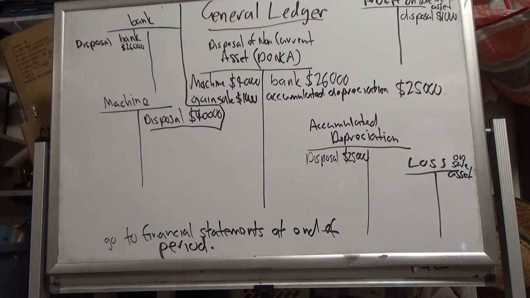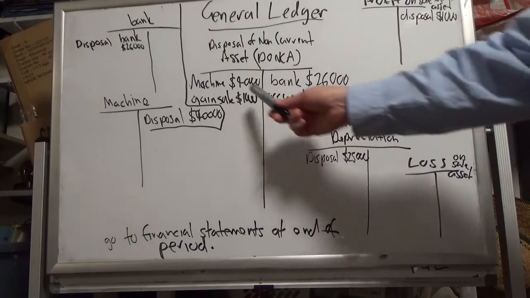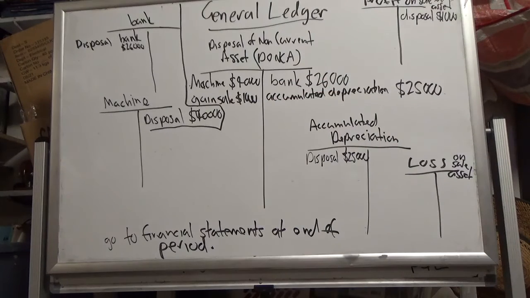Go to DONCA, the credit side, and label it bank, 26,000. That's correct. Just check these off. And with machinery, we've credited machinery, so that's consistent. And with DONCA, that's the correct figure.